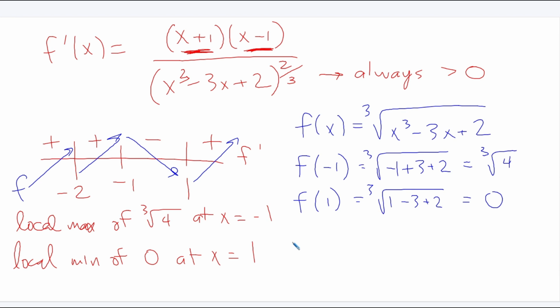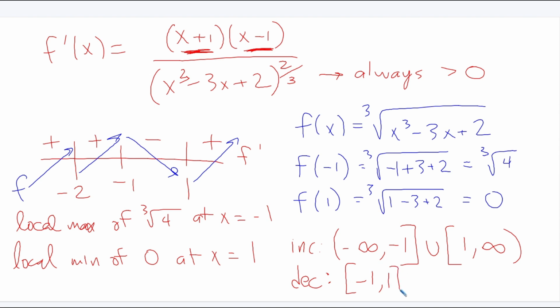And our function is increasing on the interval from -infinity all the way through -2 until we get to -1. So we don't need to break it up at -2 because it continues to increase through that. And then it's increasing again from 1 to infinity. And our function decreases only on that singular interval where we showed it was going down, which was from -1 to 1.